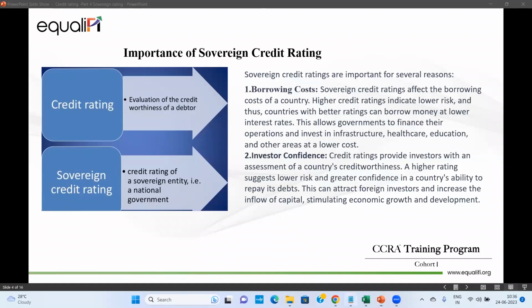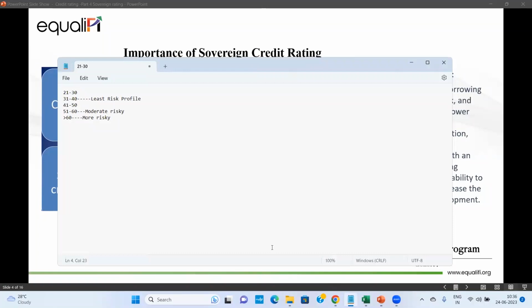Now I'm giving you a scenario for an example, right? Mr. A, annual income 10 crore.